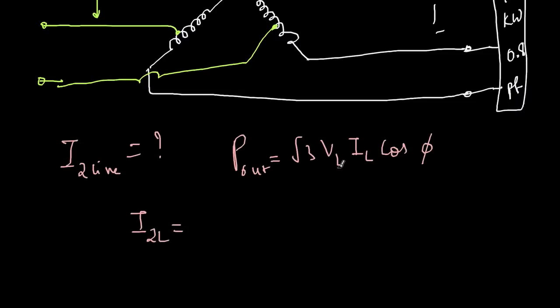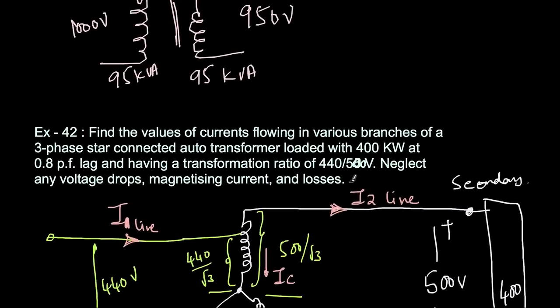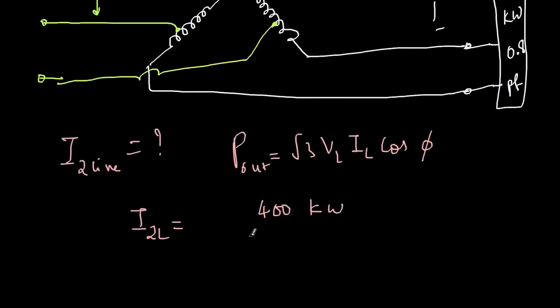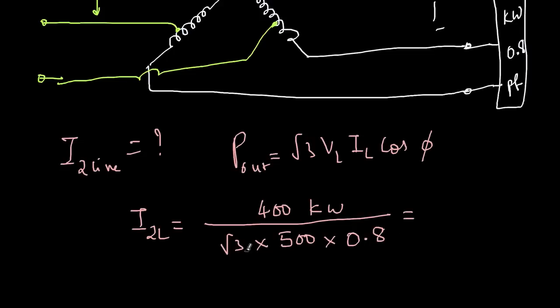I2 line will be output power, which is 400 kilowatts, let me just verify that, 400 kilowatt, yes, divided by root 3 VL cos phi. So root 3 into line voltage, which is 500 volts, and power factor is 0.8. So this will give me the answer.